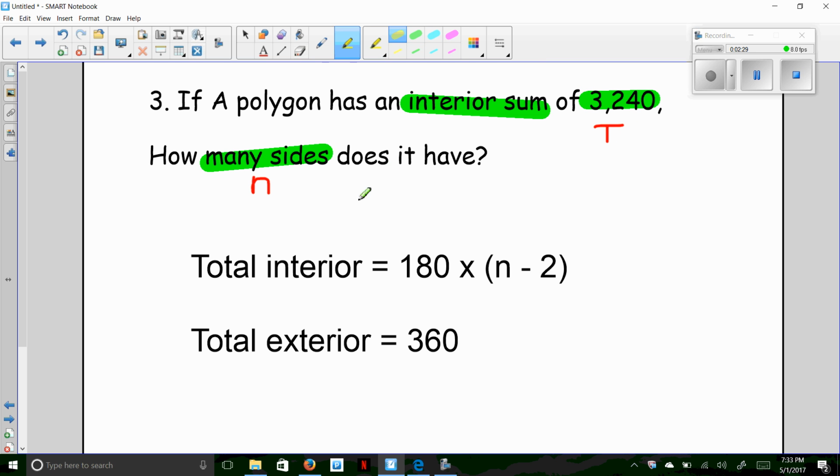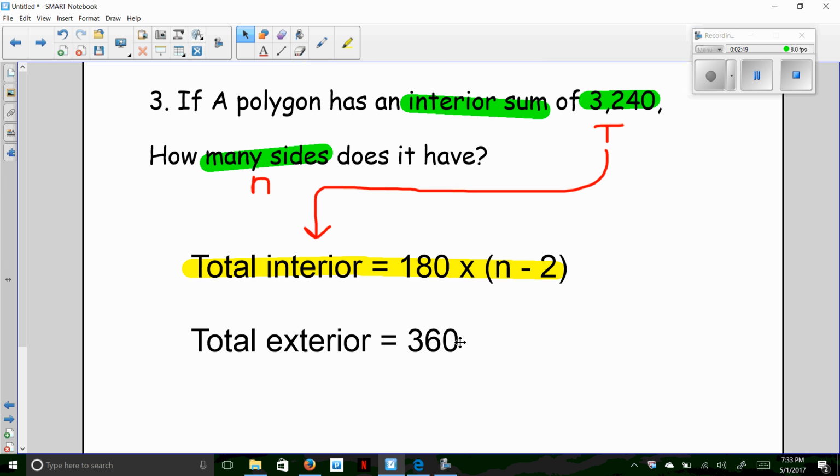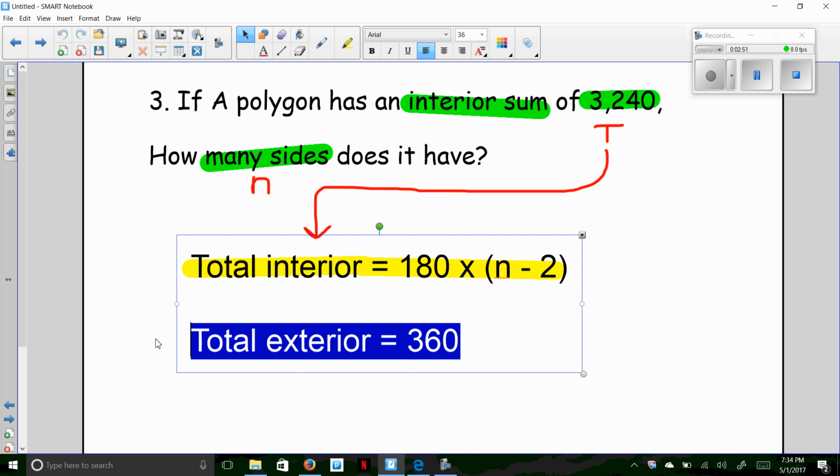So we are dealing with total interior, and we're going to use total interior equals 180 times n minus 2. We are going to leave n alone. We are dropping this in here for a total, and we're solving an equation. So let's get rid of this.